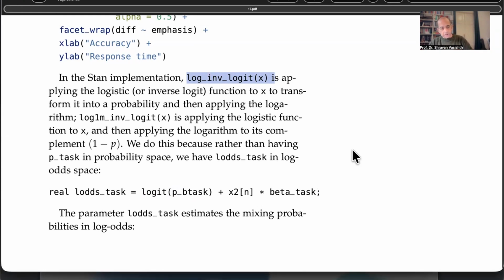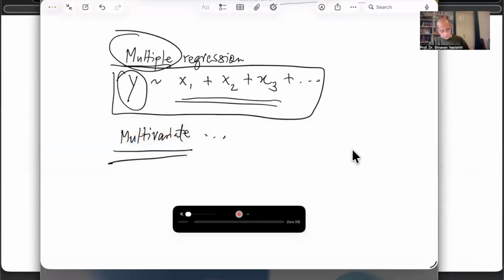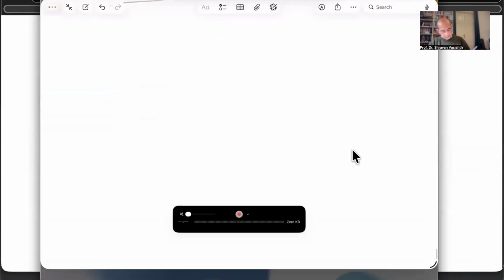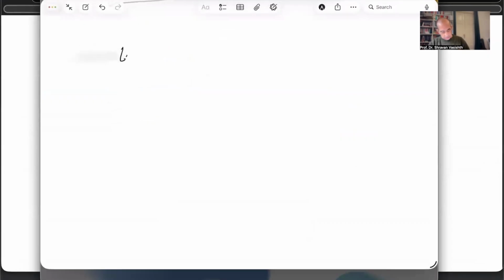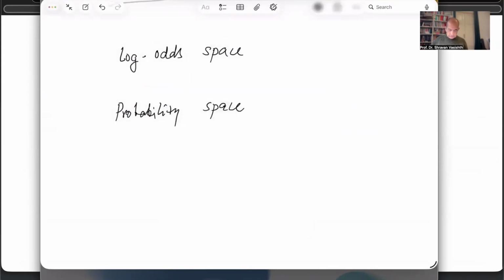You need to be very clear about whether you're working in log odds space or probability space. These are two options.